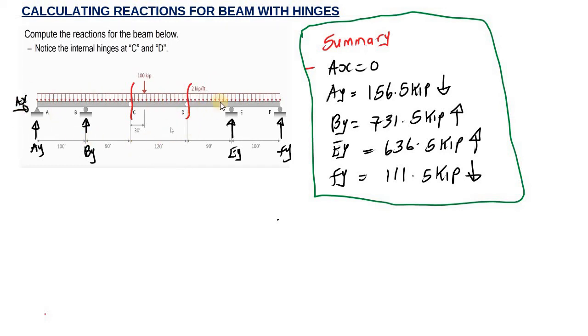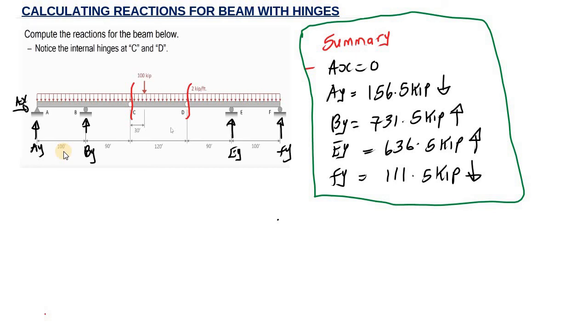This is a big rectangle, as you can see. So this is going to be 2, which is the weight, multiplied by the length. Now, what is the length? The length is going to be this distance: 100 plus 90 plus 120 plus 90 plus 100.